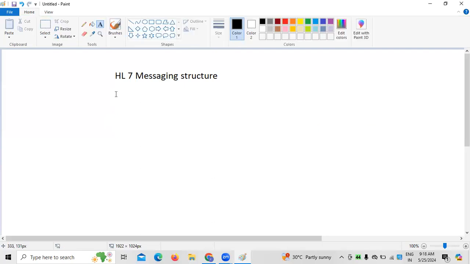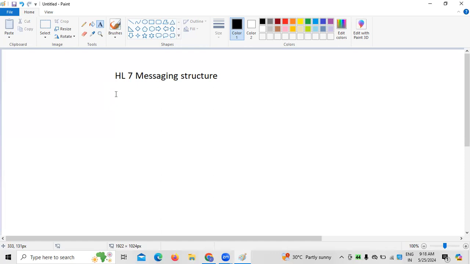Right. So today we are going to discuss HL7 messaging structure. As we all know, whenever we are working in the healthcare environment, HL7 is a kind of messaging structure which is used to transfer electronic data between healthcare systems.